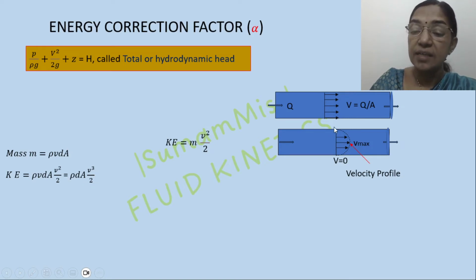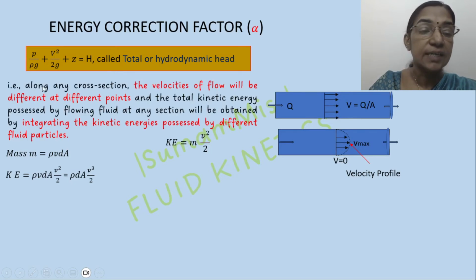If you are taking the cross section, the velocity of the fluid particle is changing from the boundary. All the fluid particles have different velocities. Along any cross section, the velocity of the flow will be different at different points, and the total kinetic energy possessed by the flowing fluid at any section is obtained by integrating the kinetic energy possessed by different fluid particles.